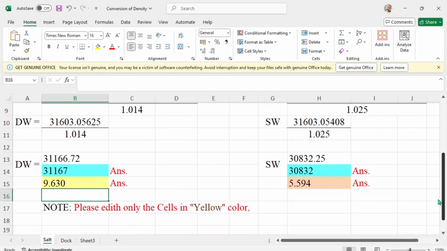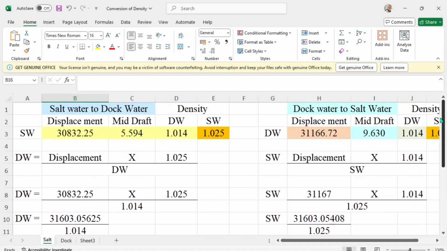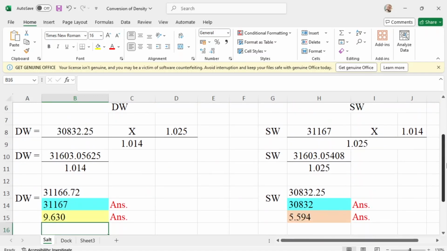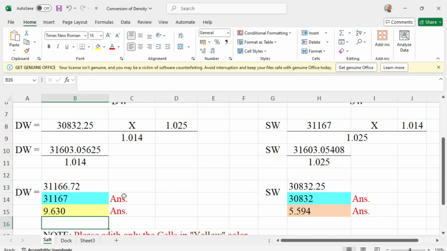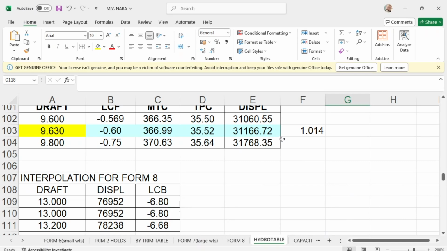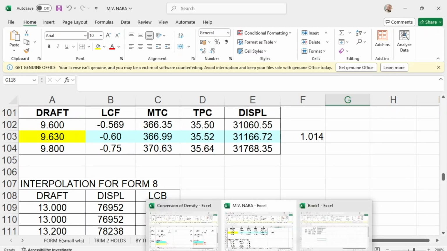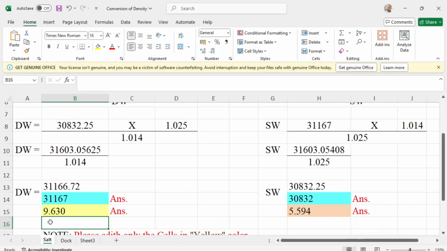Then we'll have here 9.63. 311.6672. The draft will be 9.63.